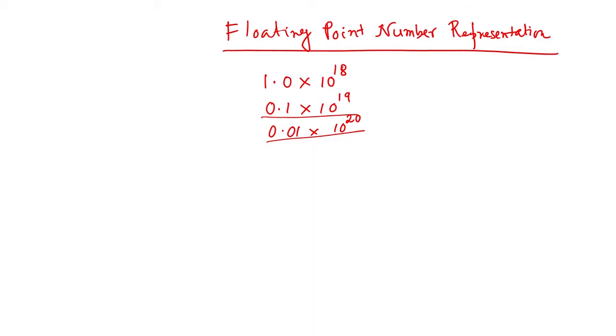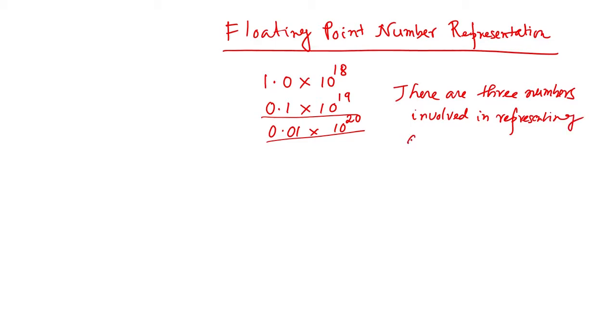So for representing a floating point number, there are three numbers involved.